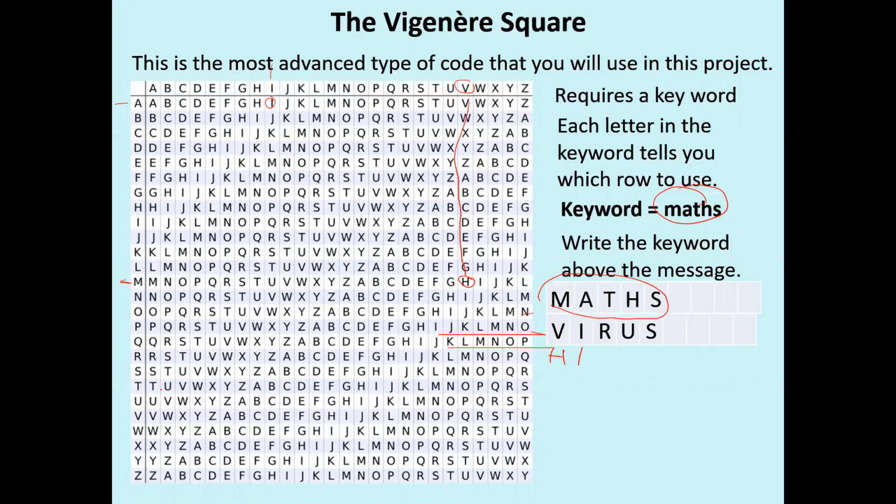The third character is on row T, and we are looking for the letter R, which is down here.